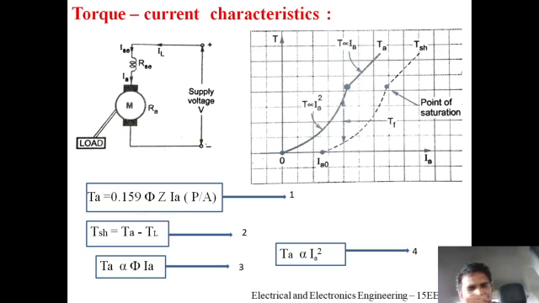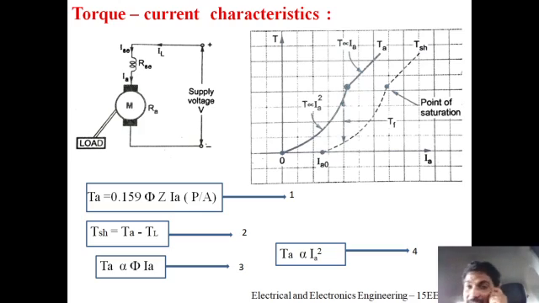You have to remember the construction diagram for this. In the construction diagram, you have a stationary and a rotating part. The stationary part contains the field magnets. On the field magnets, the field windings are placed. When supply is given to that, it produces the flux. Whatever the flux which is produced by the field magnets is called phi, represented as flux per pole.